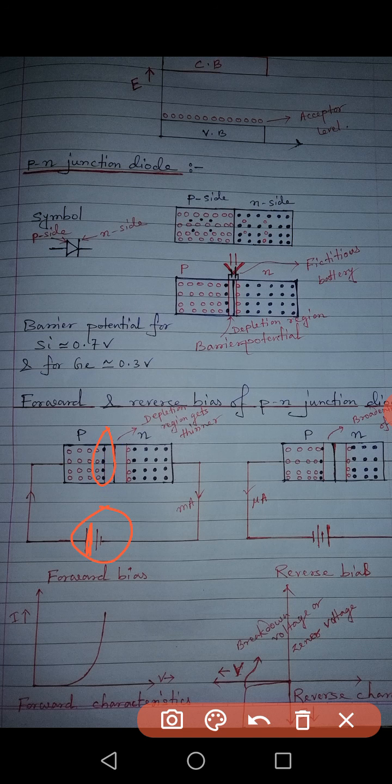Okay, what will they do? This electron first will fall into this hole, then it will fall into this hole, then into this hole. So in this way the electron will be pulled by the positive side of the battery. And once the electrons are pulled by the positive side of the battery, in the place of electron what are we getting? We are getting some holes, right?